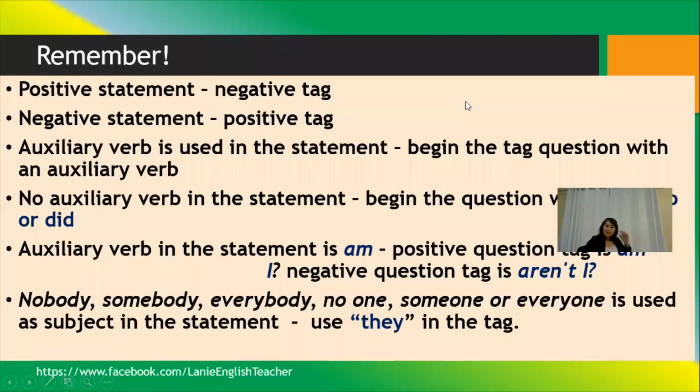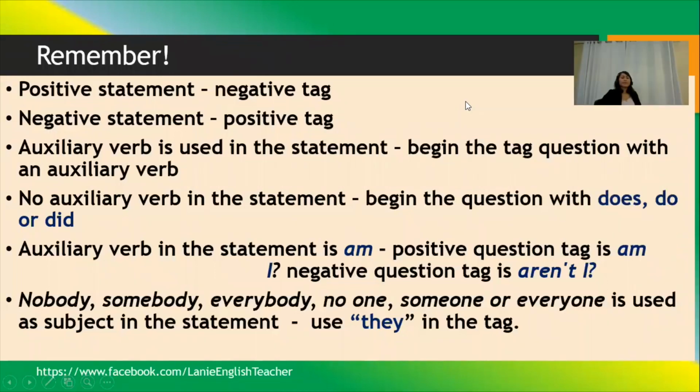Okay, now always remember the rules. Positive statement, negative tag. Negative statement, positive tag. If an auxiliary verb is used in the statement, begin the tag question with an auxiliary verb. If there is no auxiliary verb in the statement, begin the tag question with does, do, or did.